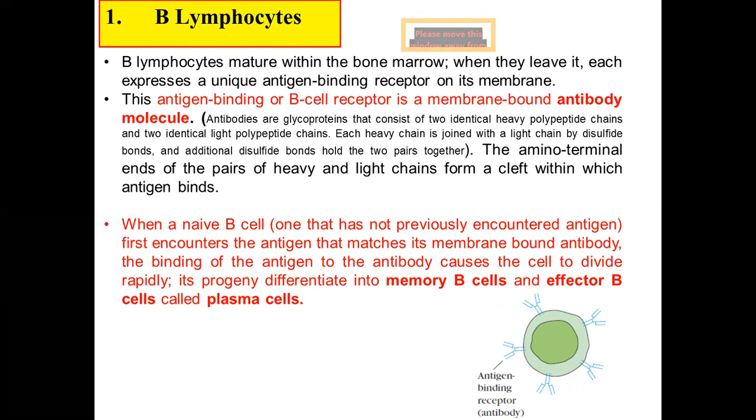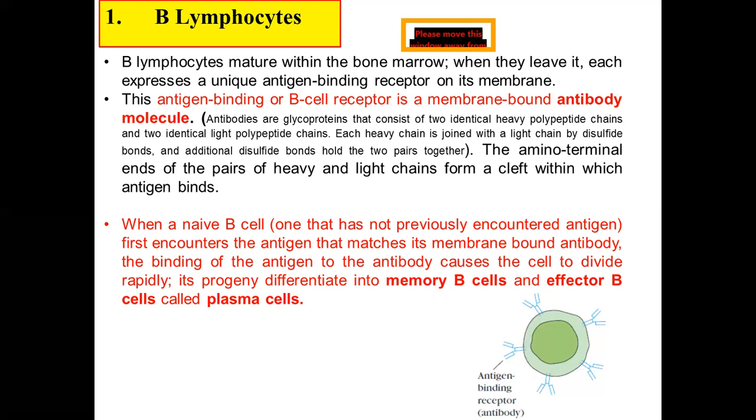When the B cell leaves the bone marrow, it expresses on its surface a unique membrane receptor, a unique antigen binding receptor.